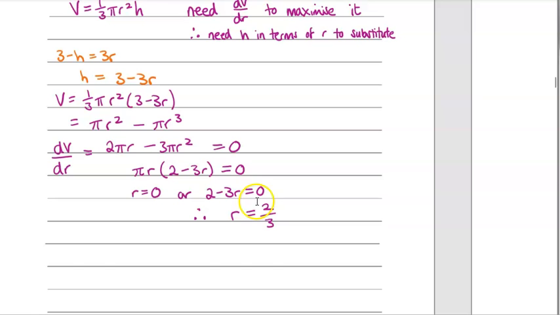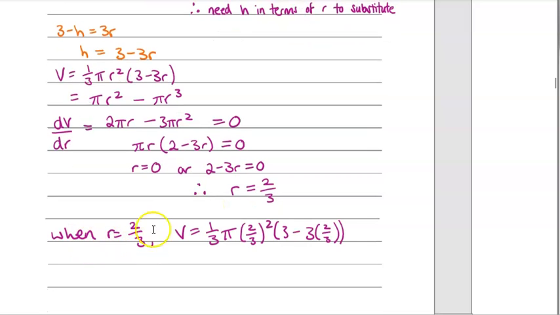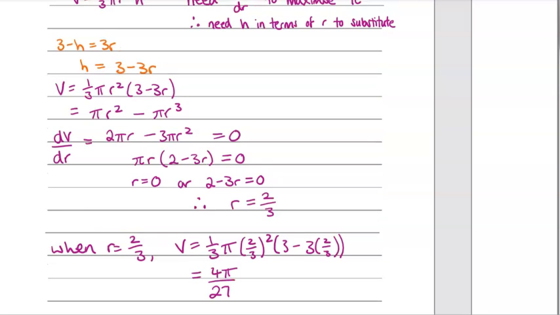So therefore, we're carrying on with r equals 2/3. So when r is 2/3, we'll put that into our equation for the volume here. We're just substituting in 2/3 for r and working that through. And that comes to 4 pi over 27, which is what was asked for in the question.